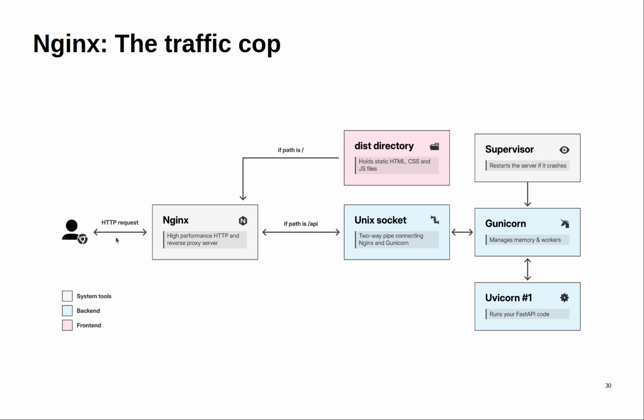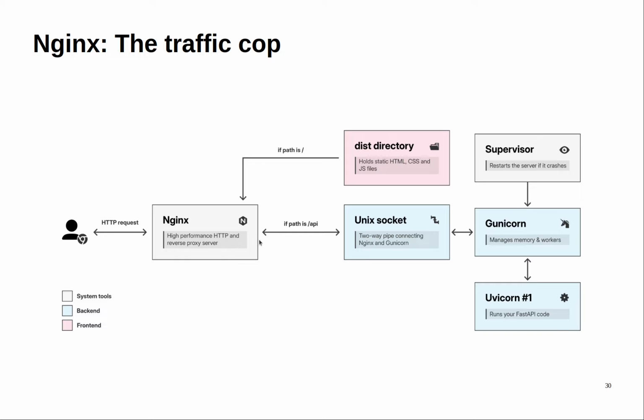Here is the diagram that I created in order to explain why we need Nginx. As you can see, it's similar to the diagram that I showed you that explains the Vite proxy. Here we start with the user, with a browser. We send a request. Before talking to the frontend or backend, Nginx will intercept that request.